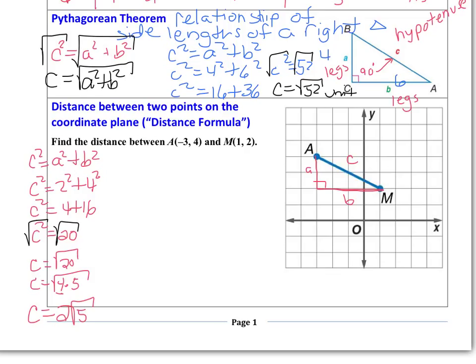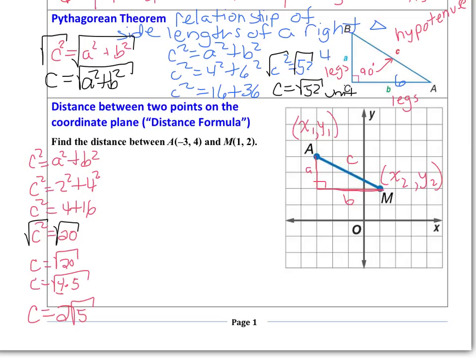We just used the Pythagorean Theorem, so let's go ahead and assign some variables here. Let's say point A is located at x sub 1, y sub 1, and point M is x sub 2, y sub 2. Well, if we're looking at just this length here, we can represent that algebraically as just the difference between the y coordinates, y sub 1 and y sub 2, because there is no change in the x dimension.